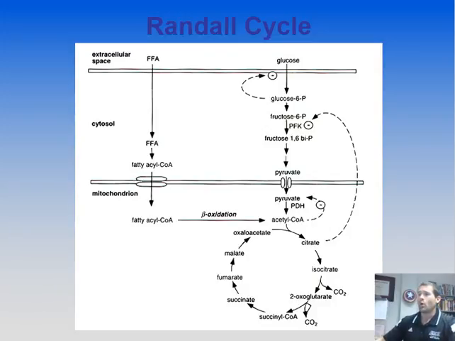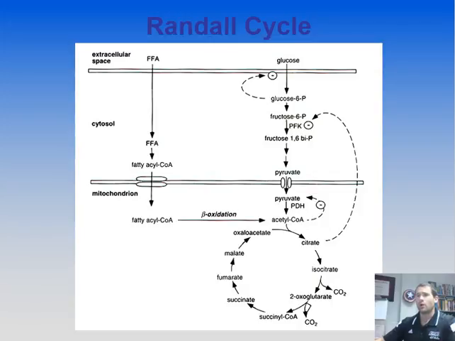This is simply by the products, via allosteric modulation, inhibiting further creation of those different substrates that are going to enter into the citric acid cycle from glycolysis.